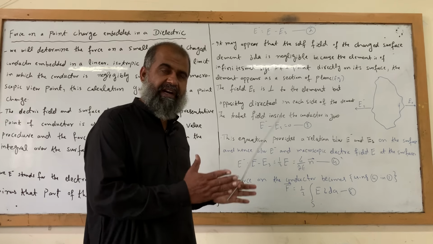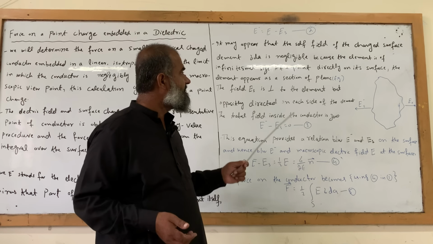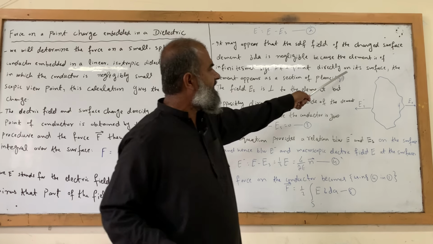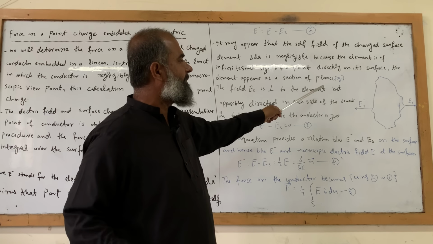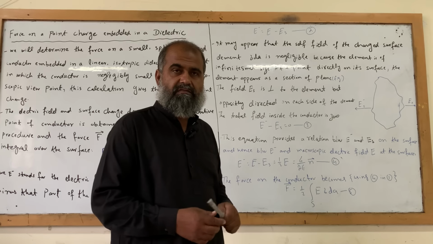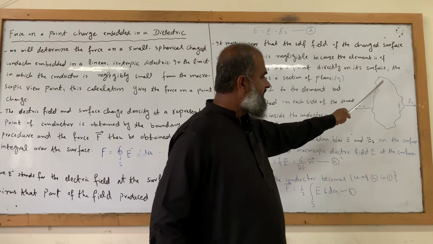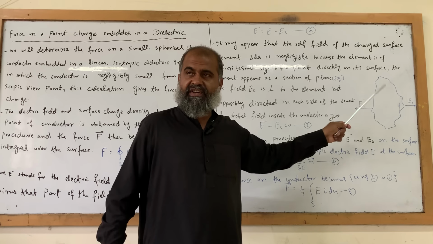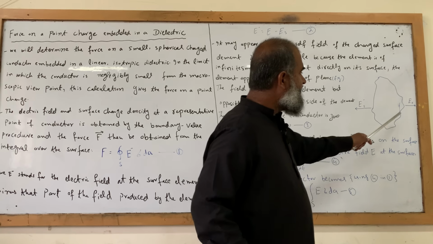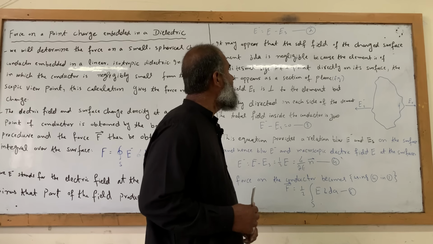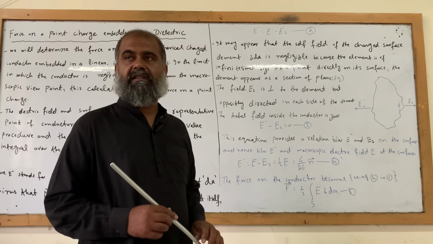We have already defined that the element is very small. At a point directly on its surface, the element appears as a section of a plane, just like this. This is the surface that you are considering for the calculations in the dielectric medium, and ES and ES prime are the self fields produced due to the conductor placed inside the dielectric.